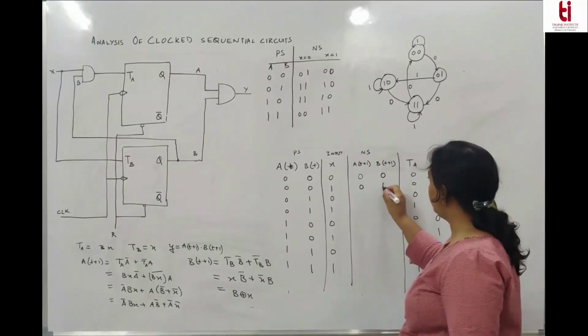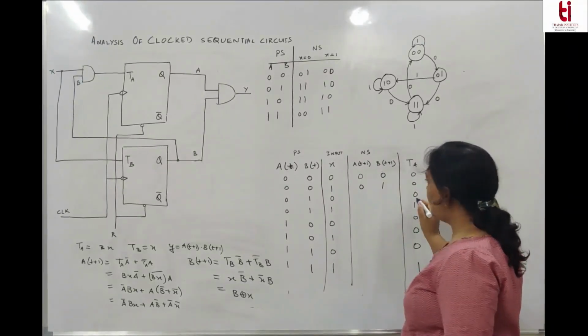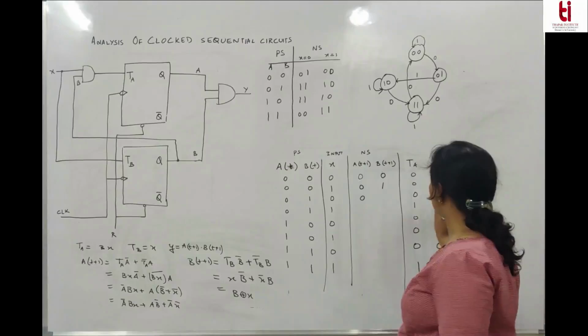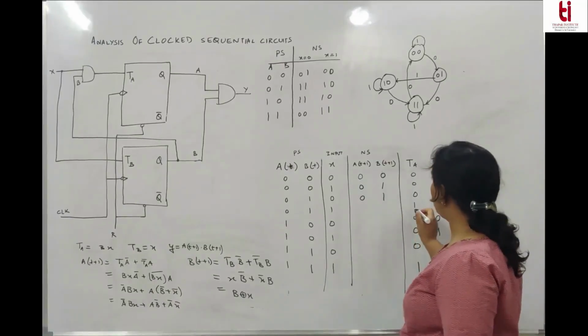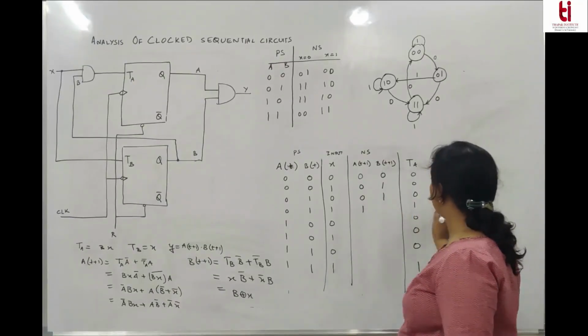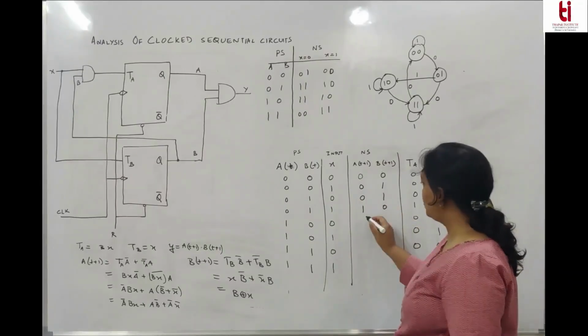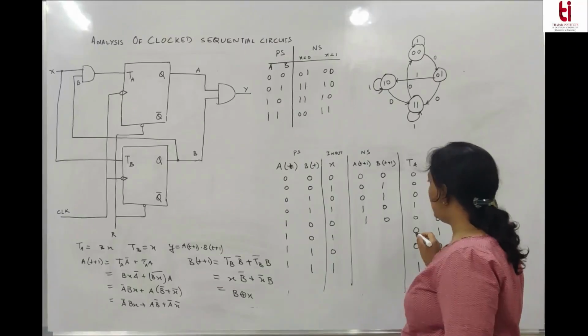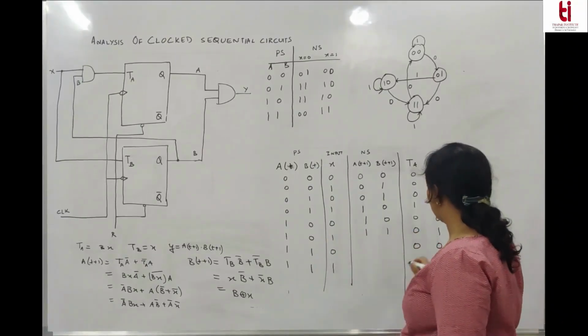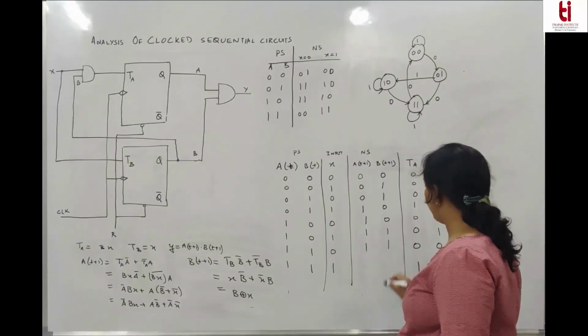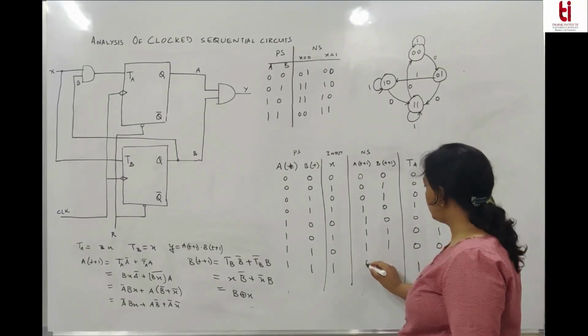TB is 1, so this will be complemented. If both are 0, it remains the same. If TA is 0, it remains the same; TB is 1, so it gets complemented. Both are 1, 1, so this will be complemented.